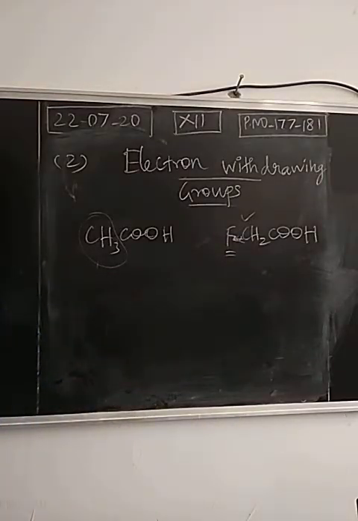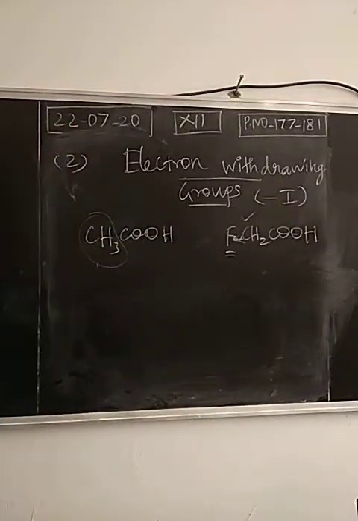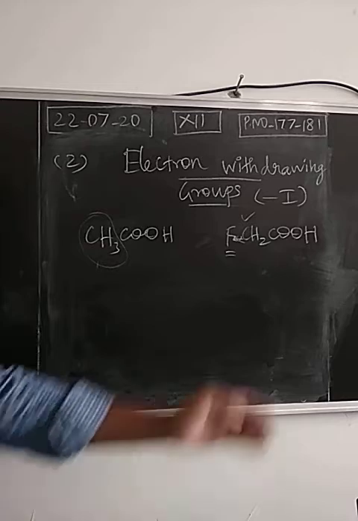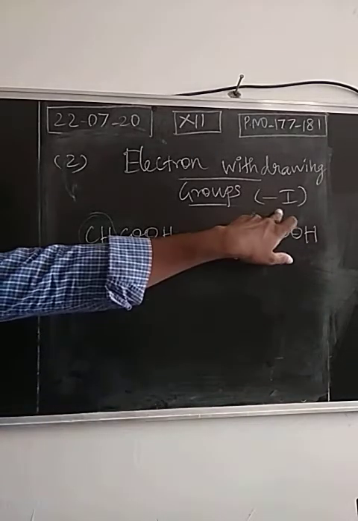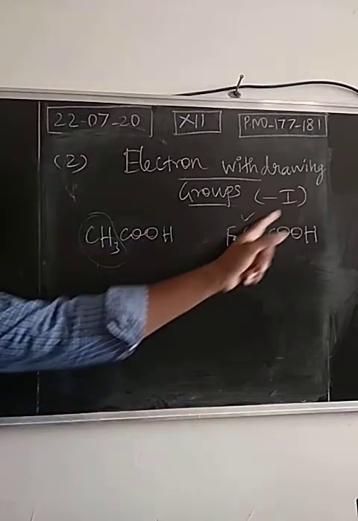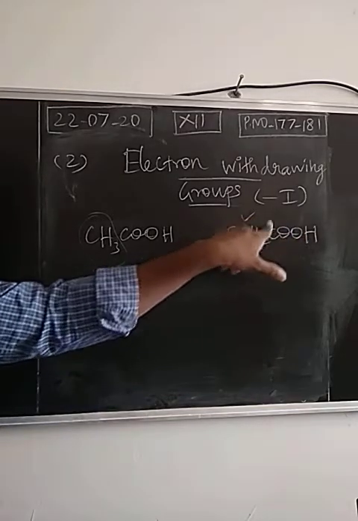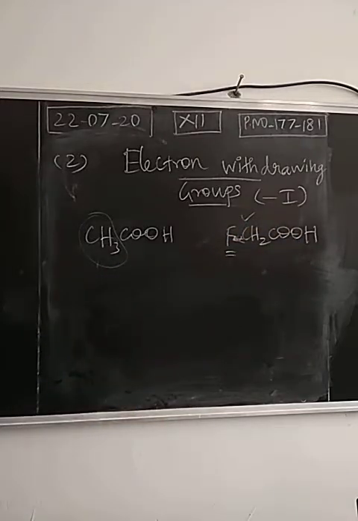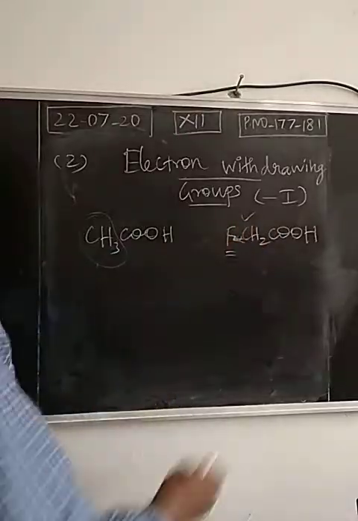This is also inductive effect, but this is minus inductive effect, minus I effect. So due to the electron withdrawing atom or group, all the bonded pairs of electrons are moving towards this side. So we get minus I effect. What happens in the functional part? Due to this electron withdrawing tendency of the atom, what is the nature of the functional part of this compound? So here, electron density decreases.